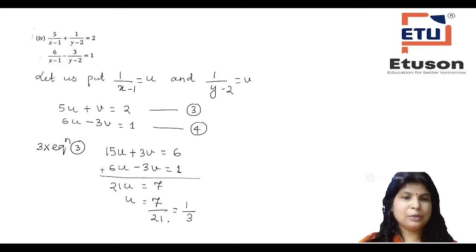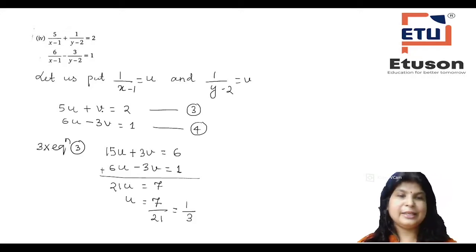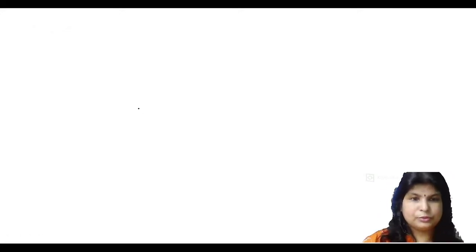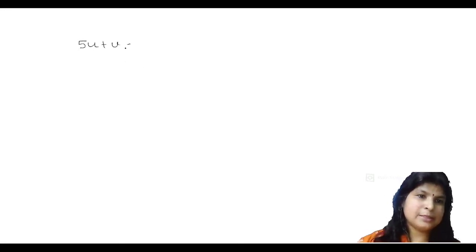Now this value of u, I will put in any of the equations. So suppose I am going to put it in equation 3. So 5u plus v is equal to 2. Now your u was 1 by 3, so let us put 1 by 3 here.